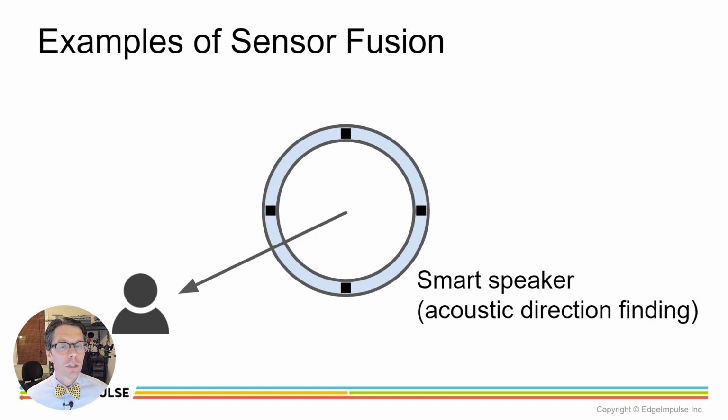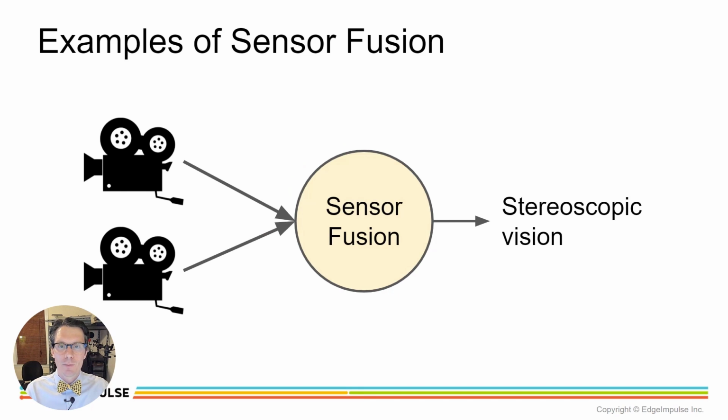And it does this using some fairly advanced digital signal processing techniques. However, it is an example of sensor fusion because it's taking readings from multiple sensors, combining them, and using it to zero in or hone in on the speaker location. And it does so in order to cancel out all of the sound around it that it might not care about, such as other conversations.